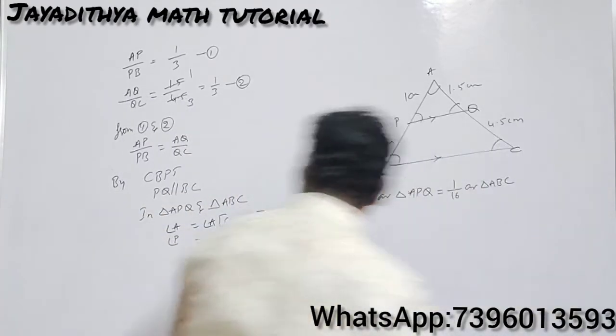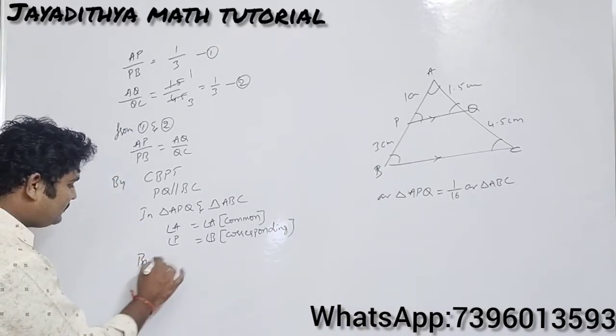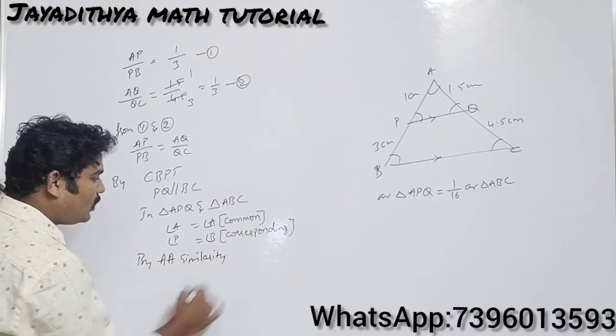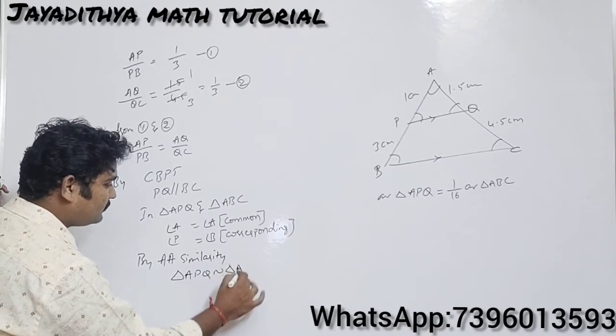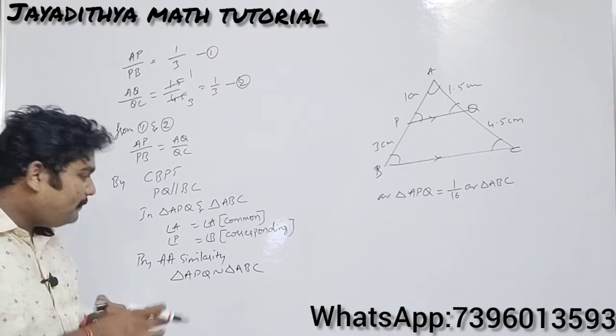So you have shown two angles, that is enough actually. So by AA similarity, what can you say? Triangle APQ is similar to triangle ABC.